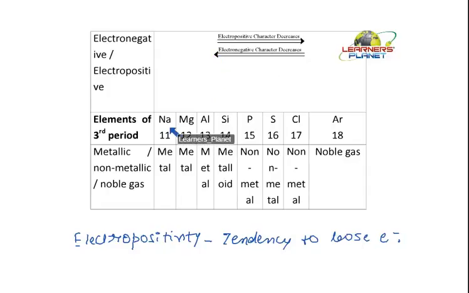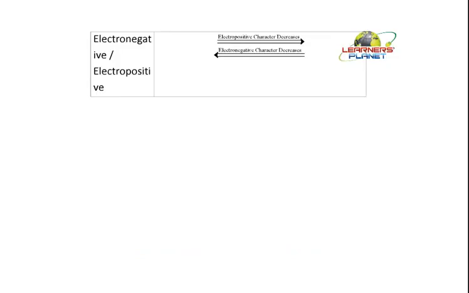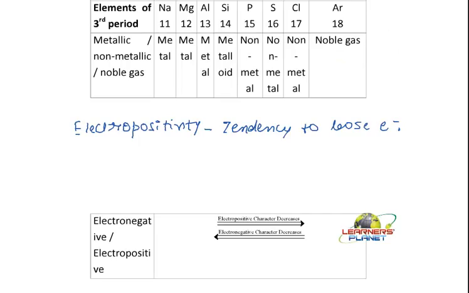Now say sodium is a metal, magnesium metal, aluminum is again a metal, but silicon is a metalloid, phosphorus non-metal, sulfur non-metal, chlorine non-metal, and argon is a noble gas. Again, the electropositive character, just so that you can compare: what happens?